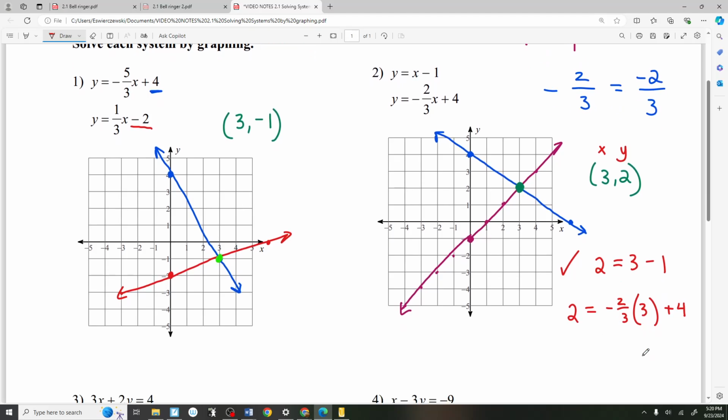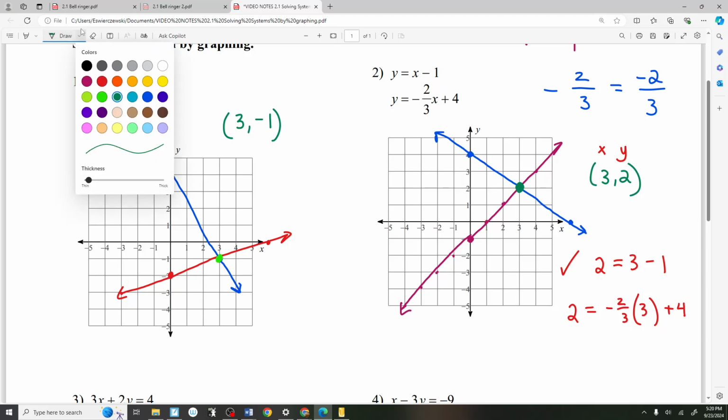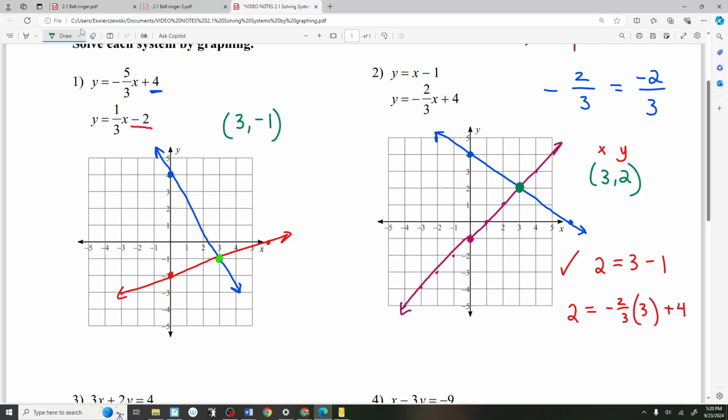Now this one is maybe a little harder to simplify, but we've talked about this in class. The 3's are going to cancel because I'm dividing by 3 and then multiplying by 3. So I would get 2 equals negative 2 plus 4, which is the same as 4 minus 2, which is 2. So that confirms that this point is a solution to my system.